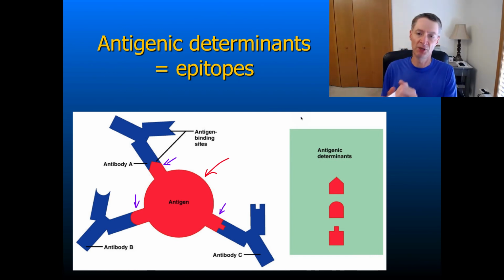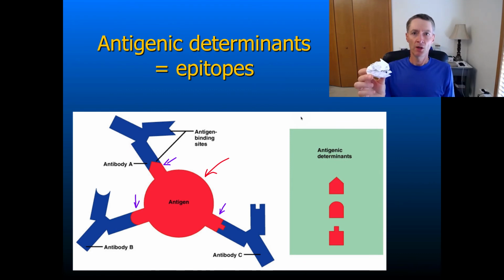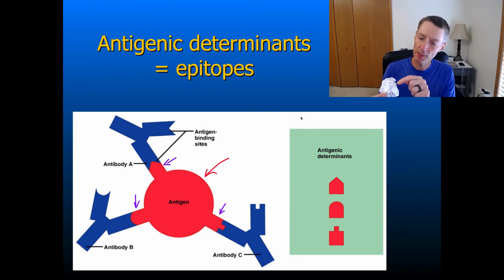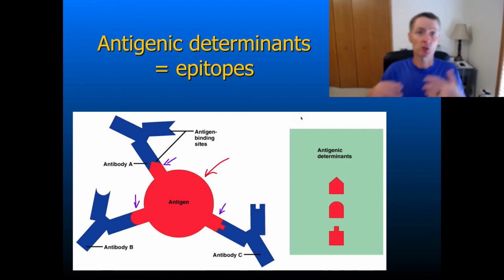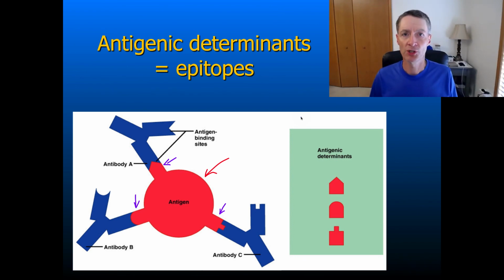If I look at this crumpled up piece of paper, if I throw it across the room and it's in the corner somewhere, it looks kind of like a wadded up circle. But if I pick it up and look at it closely, I've got all sorts of little mini shapes. Some dive down deep, some are rounded out on the outside. You could make an antibody against any one of those shapes. And the more times you're exposed to that antigen, the more chances you might make more antibodies for those little mini shapes, those antigenic determinants.